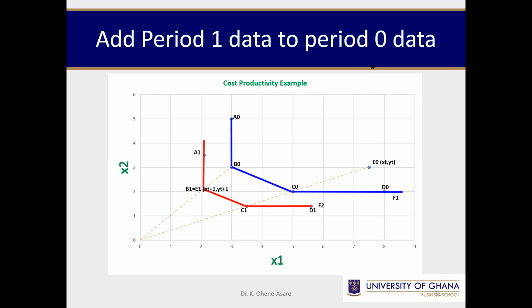If you are calculating the distance function for E0, what will it be, Dinah? It is a radial measurement, so you start from the origin. So it will be EO over CO. I think you should always bring the O first.